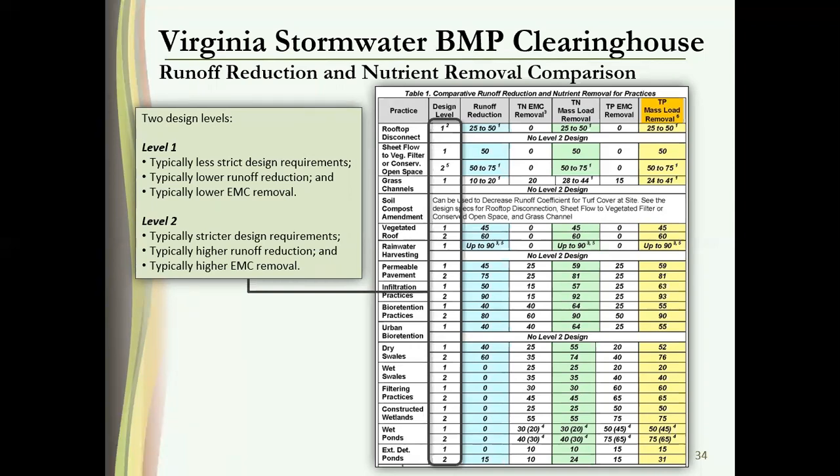So it's going to be things like infiltration practices, bioretention practices. Both of those, the level 2 designs, have really high numbers. And then, of course, your rainwater harvesting can be up to 90%. Of rainwater harvesting, I'll show you a picture in a second. It's basically just a big barrel, and then it kind of becomes a settling tank. So that's how it works in terms of removals.